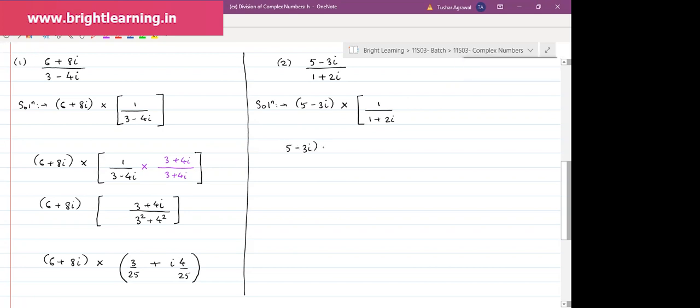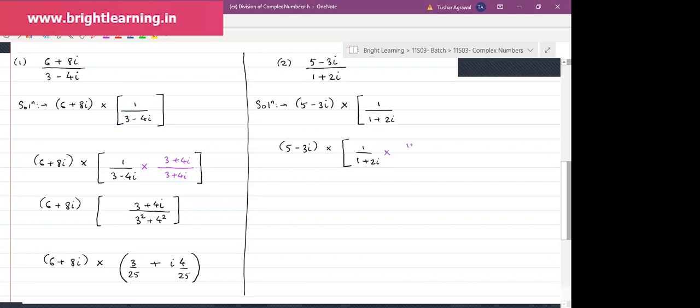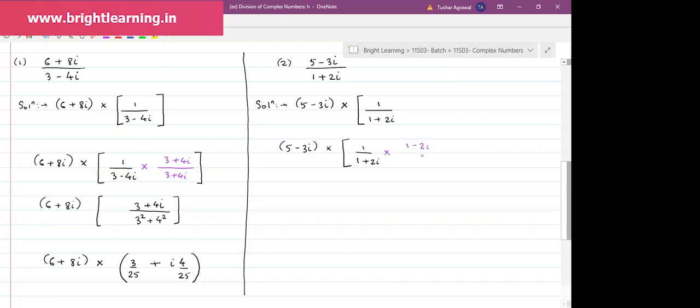I have not memorized the formula, so I will just write it as 1 upon 1 plus 2i. In fact, not memorizing the formula is beneficial. So 1 minus 2i upon 1 minus 2i.